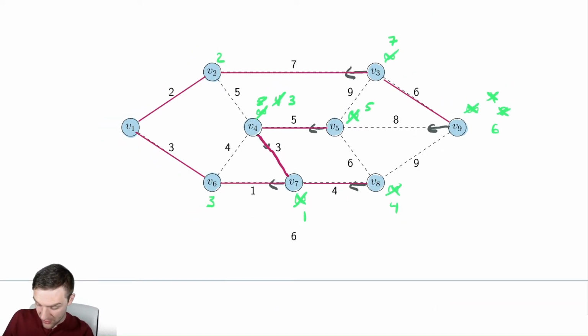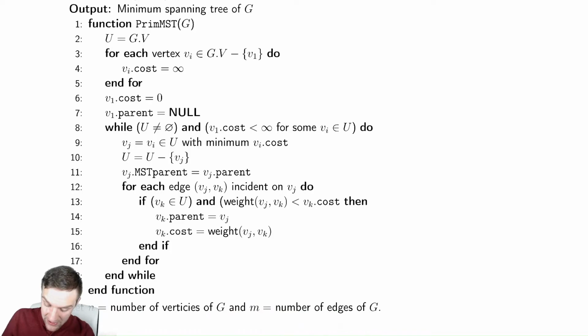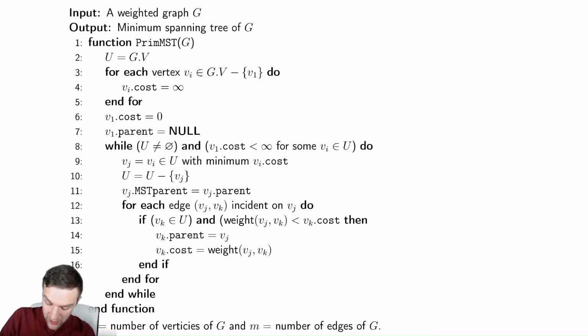Let's see how the code looks here. We begin by defining U to be the set of all vertices. We then assign a cost to every vertex except the starting vertex to be infinity, and the starting vertex has a cost of 0, and it has no parent. Now, what do we do? We do the exact same sort of thing we did before.